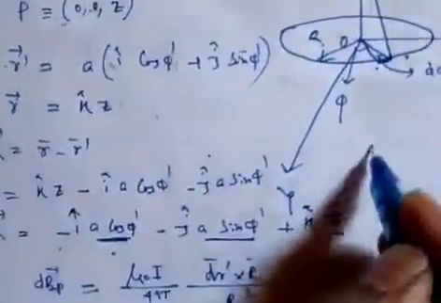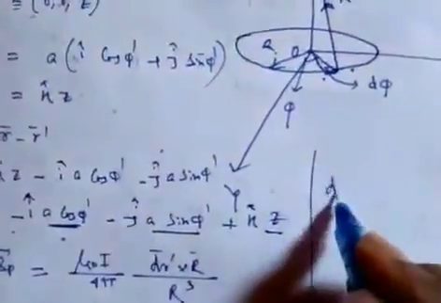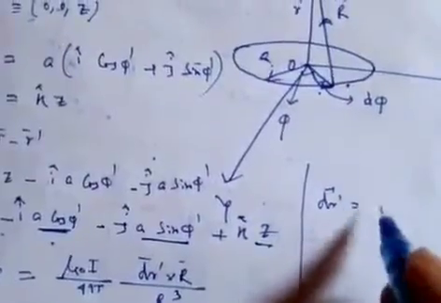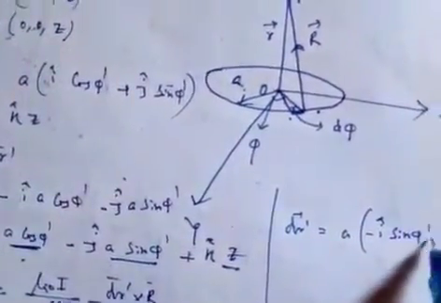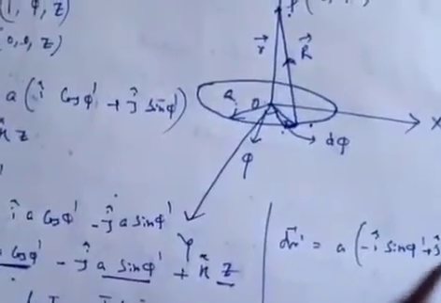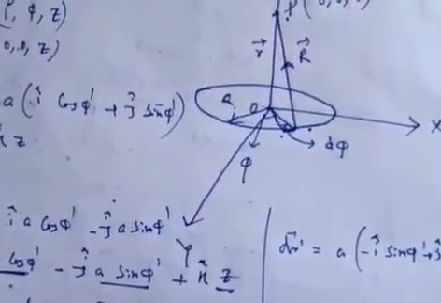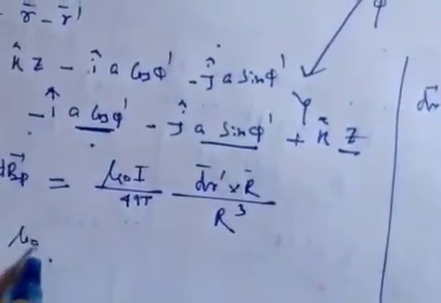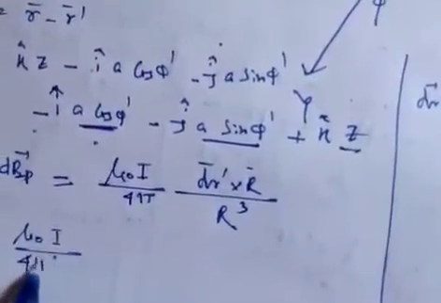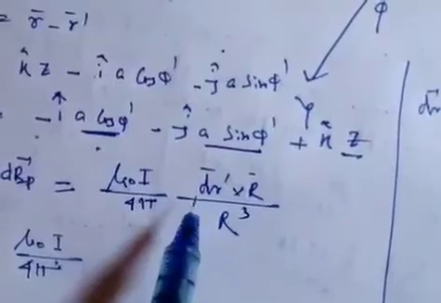Dr prime will be a into minus i cap sin phi prime plus j cap cos phi prime into d phi prime. So mu 0 I by 4 pi dr prime.